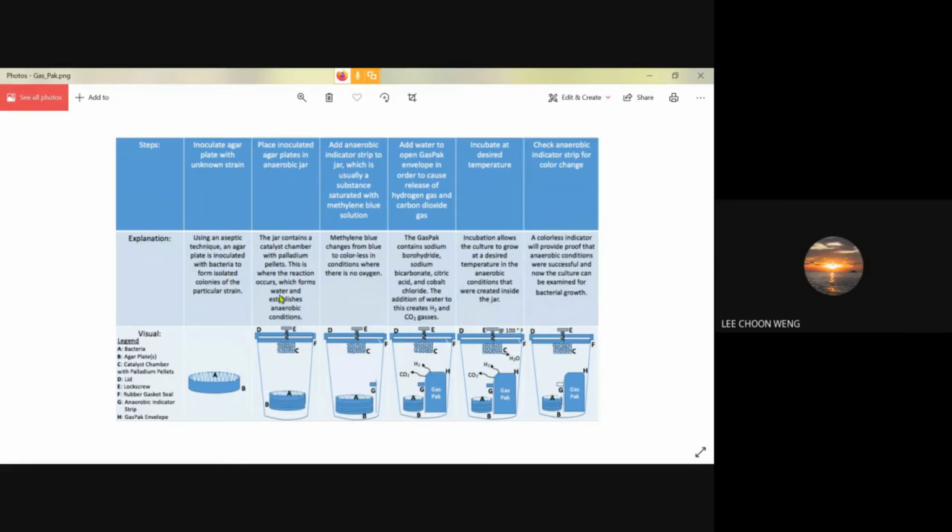Okay, so if you're going to a new lab, or a lab that is not run properly, you have to make sure that the catalysts are still inside and still active. You can check it by having an anaerobic indicator strip, which is essentially just methylene blue. The methylene blue will be colorless if there's no oxygen. If you cannot buy this strip, you can also prepare your own methylene blue solution and put it here, just to check it out.